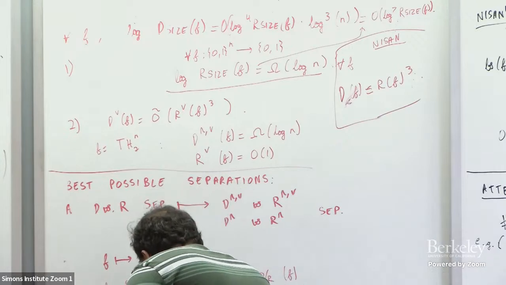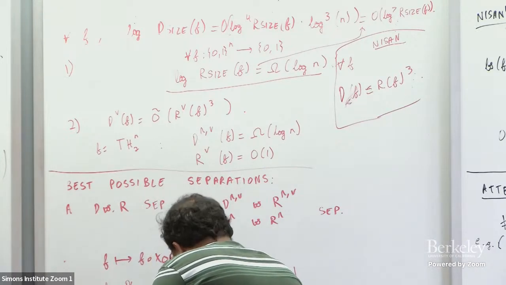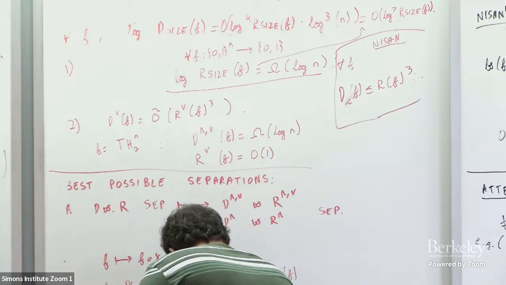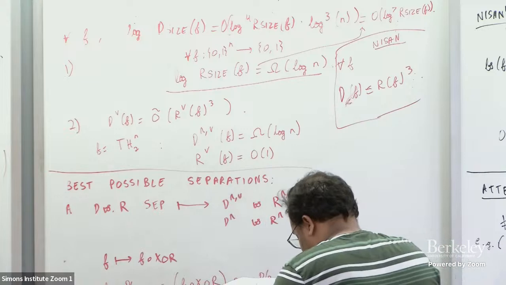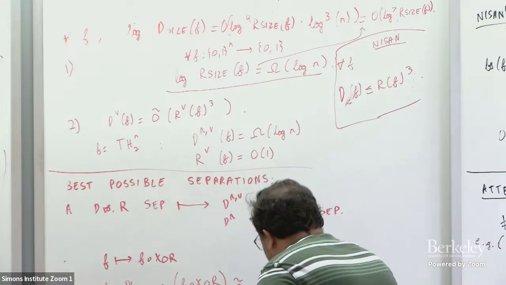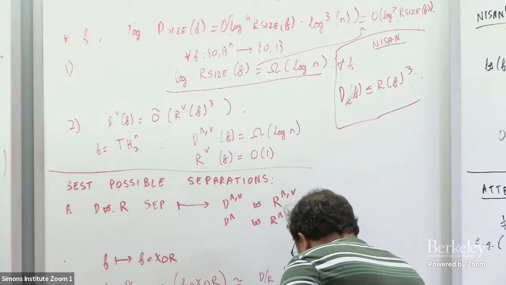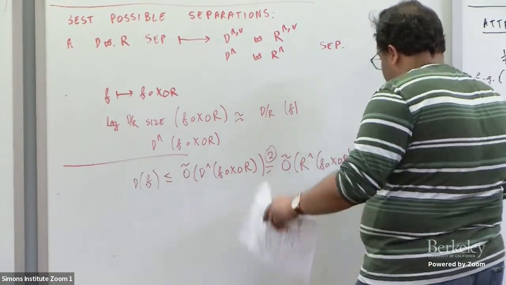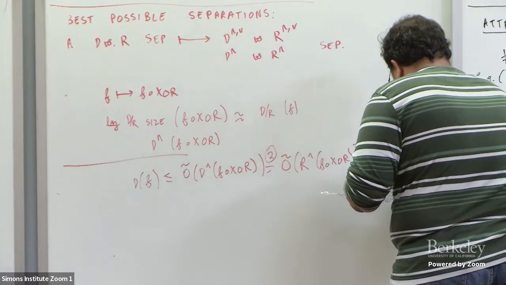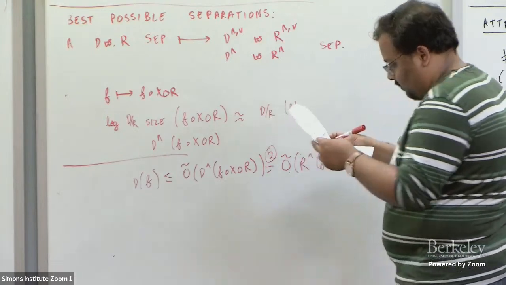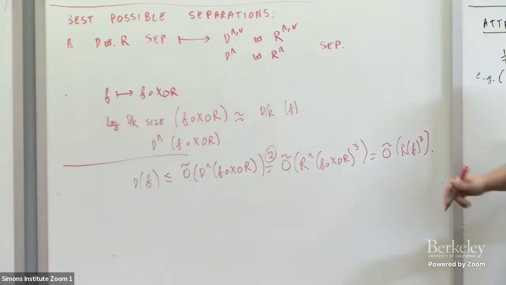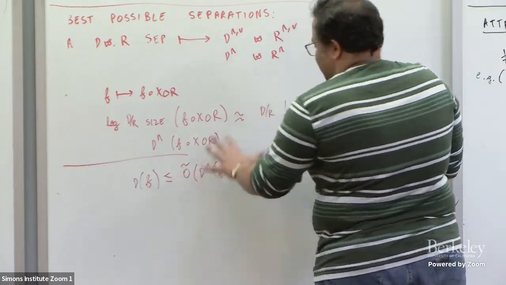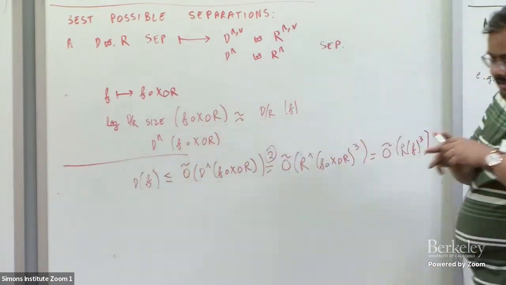We have D of f... so basically this and this, I'm using the fact that and query complexity of f of XOR is essentially the same as query complexity of f.